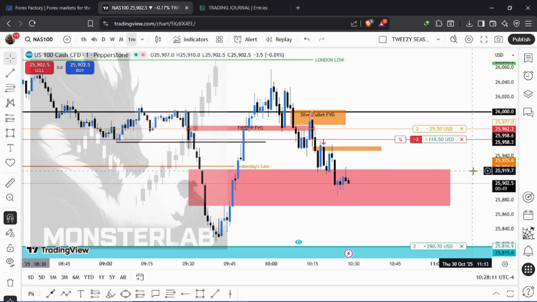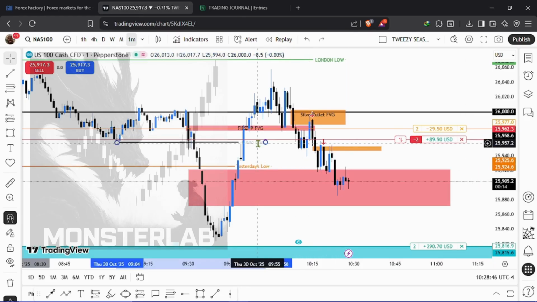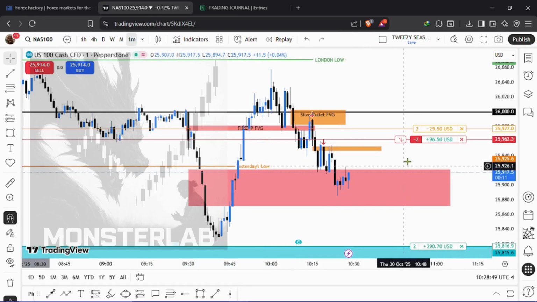But eventually, it will reach for your target. But it requires a lot of patience, let's not say hope, but a lot of belief in where you want price to reach for. We are inside this 5 minute fair value gap, which is pink.